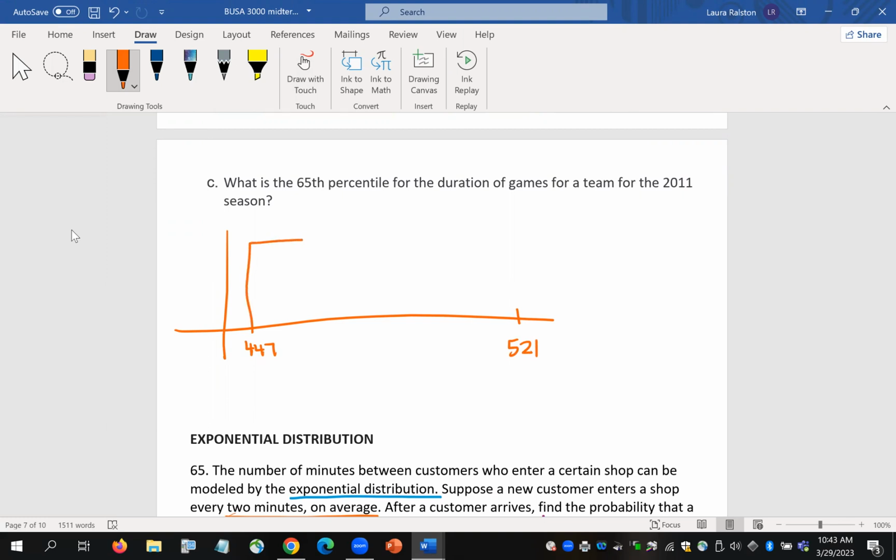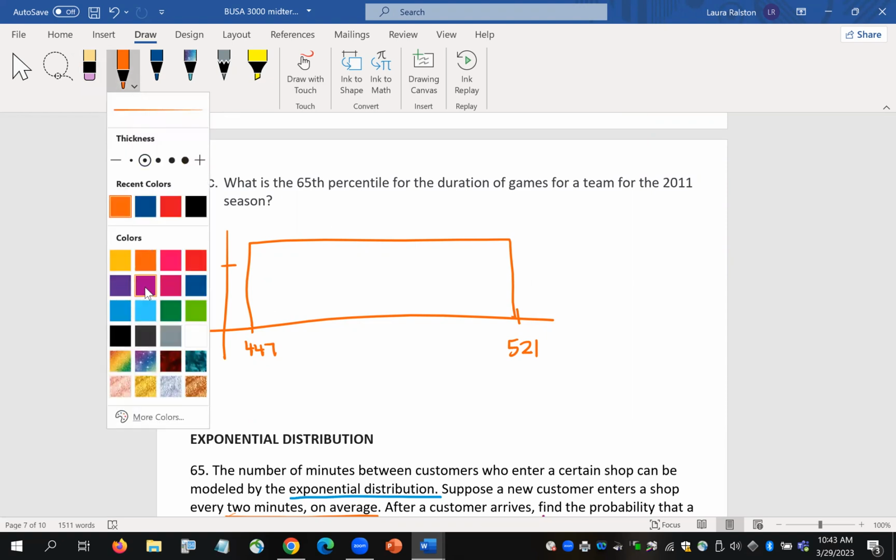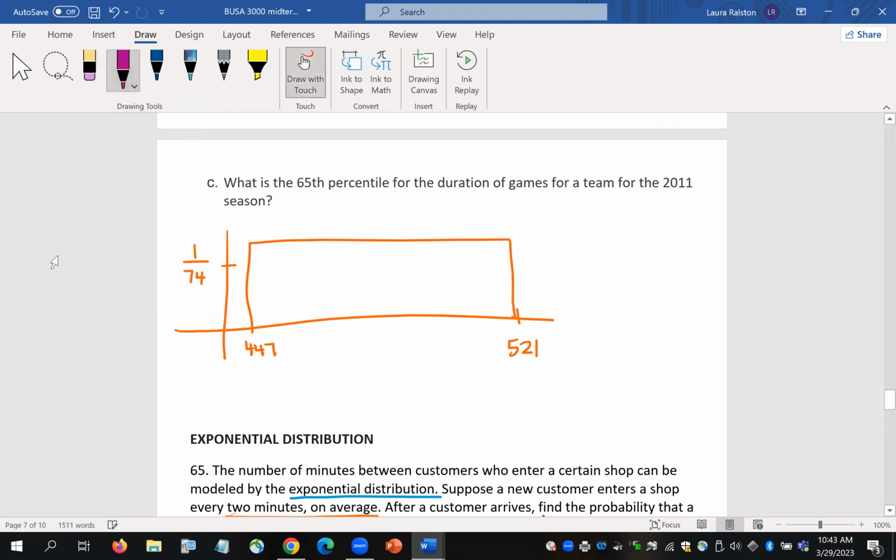It's uniform, so it looks like a rectangle. We've determined from the previous problem that the probability is 1/74. This one says, what is the 65th percentile? Remember, percentile is always the percentage below the score.